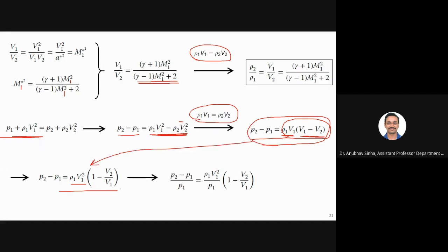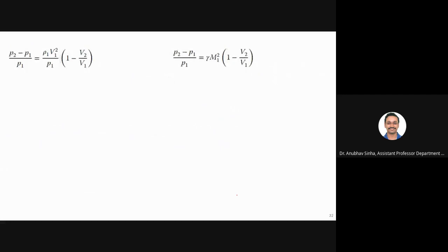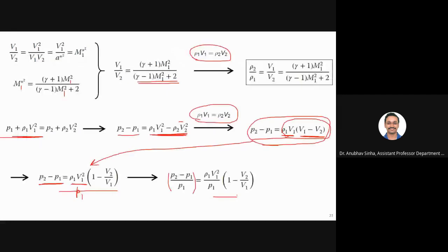Now if you divide this equation by P1, LHS and RHS, we'll have delta P by P1 is equal to this term divided by P1. So this is what we have. We have used the momentum equation and these relations for velocity, Mach number and momentum. Now we'll try to see what we can get from this relation.